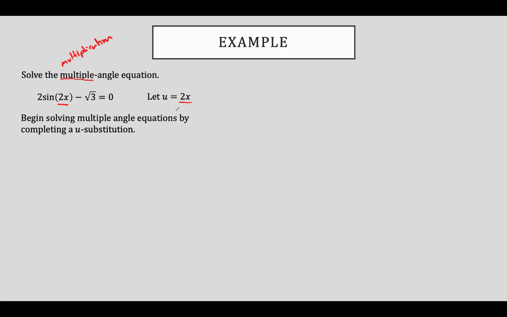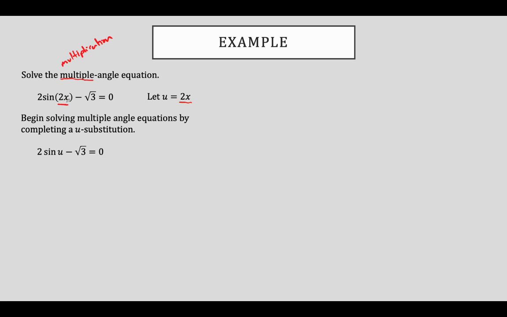This is going to allow us to rewrite this equation in terms of U instead of 2x. I can replace the 2x with a U. This gives me 2 sine U minus root 3 is equal to 0. So we just took this complicated trig equation and made it much more simple by doing a U substitution.